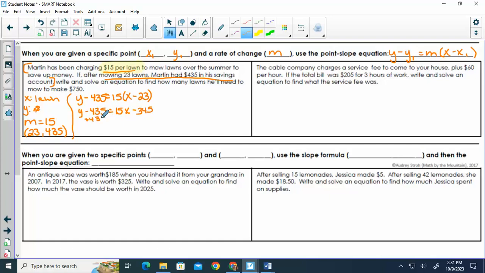Add over the 435. And we get y equals 15x plus 90.